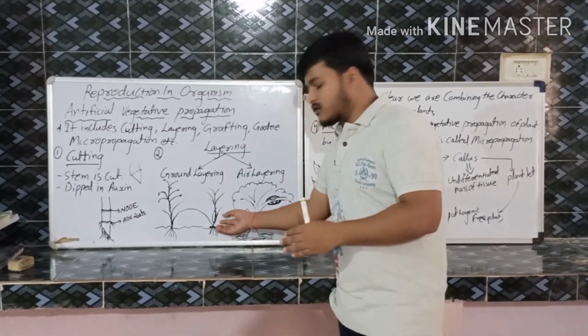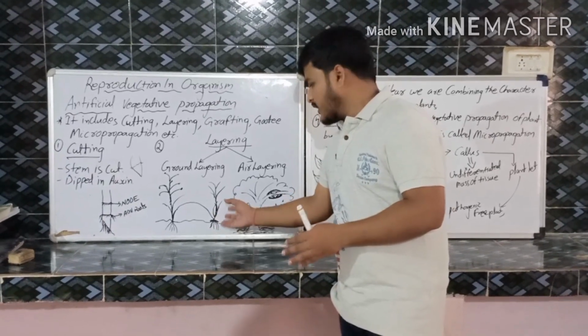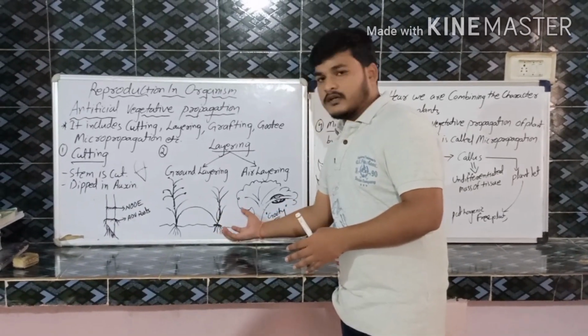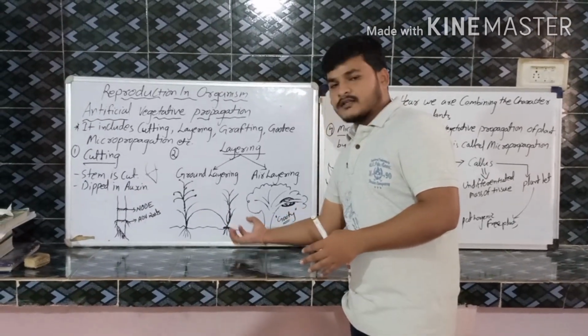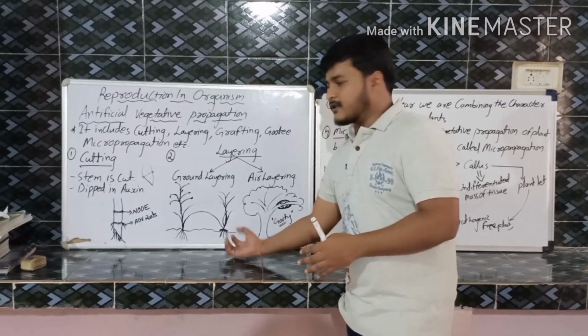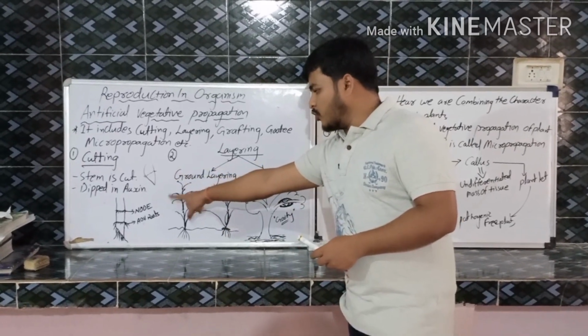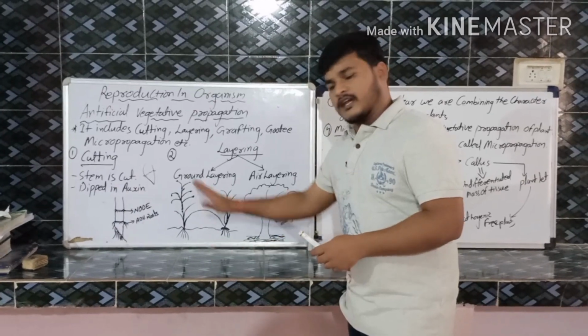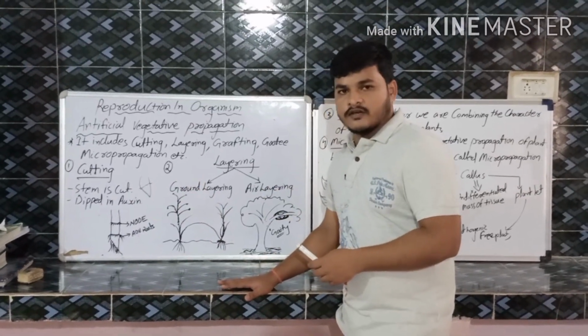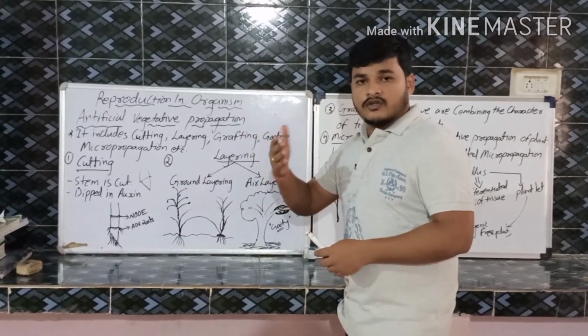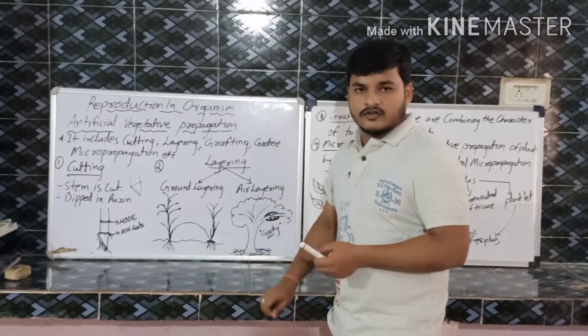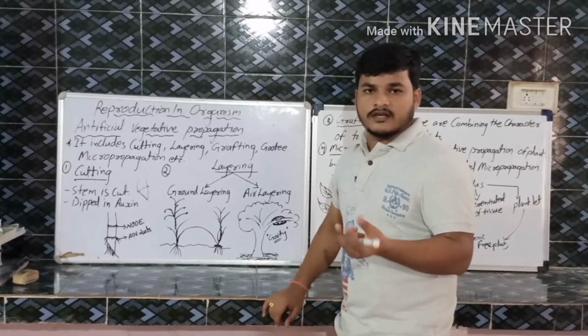That means we cover it with some amount of soil, and after some days we see that a number of roots arise from the node part, because adventitious roots develop from the node part of the stem. In sugarcane you also saw that a number of adventitious roots develop from the node.